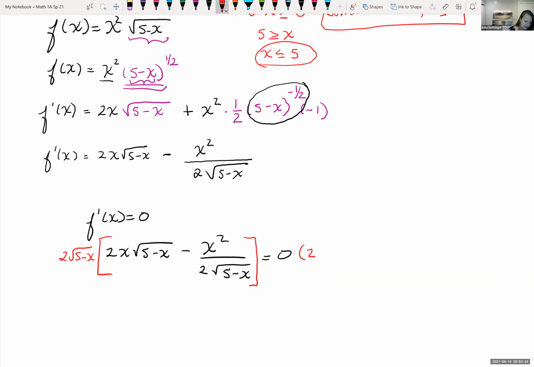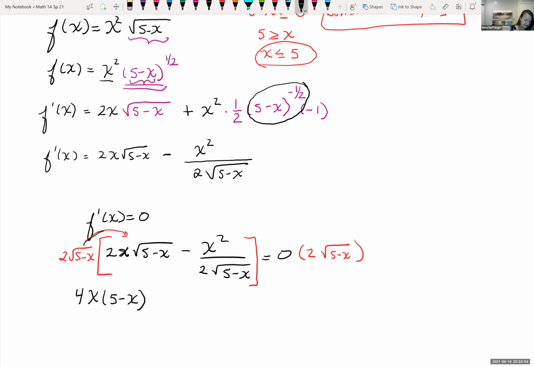Whatever I do to one side of the equation, I gotta do to the other side. And so if I distribute this 2 square root of 5 minus x to the first piece, well, I have that 2 times 2, so that's 4. I have this single x, but square root of 5 minus x times square root of 5 minus x is just, and I need parentheses around the whole thing, 5 minus x.